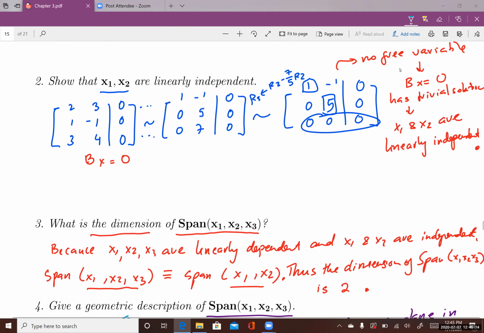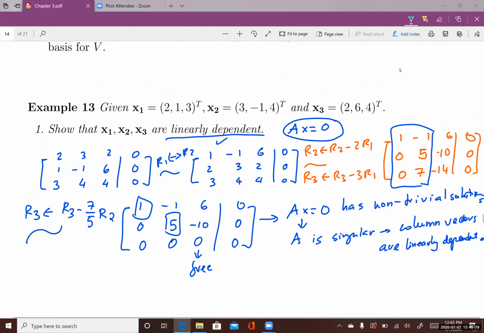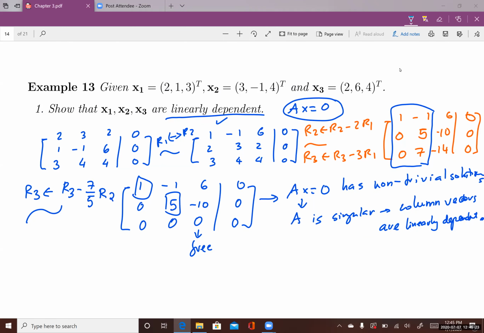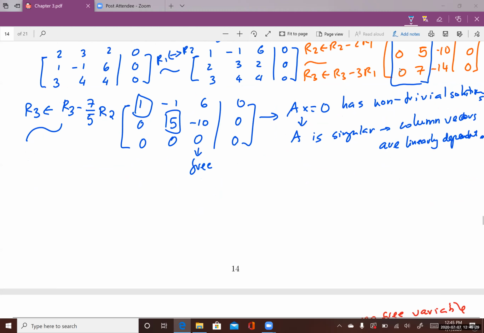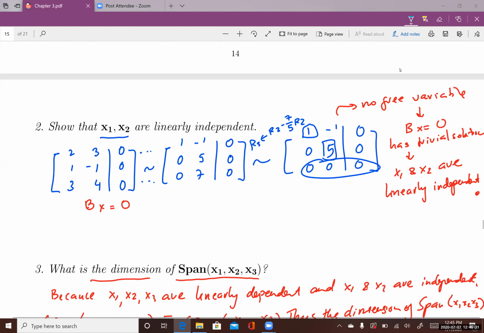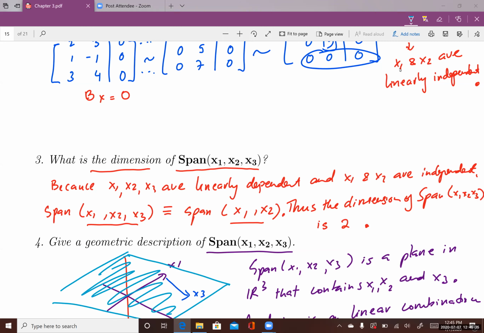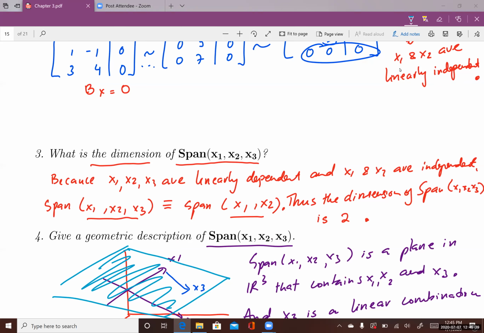So this is an example of how you look at a set of vectors in a vector space, and how you evaluate whether a set of vectors is linearly independent or dependent. How can you evaluate whether a set of vectors can form a basis of a vector space? How can you determine the dimension of a space?